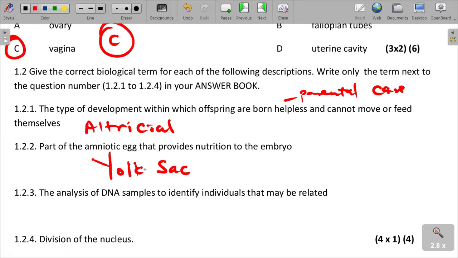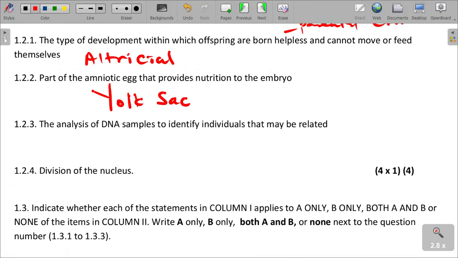So the yolk has to be big enough and nutritive enough to nourish the developing young one. So it is the yolk sac that provides nutrition.